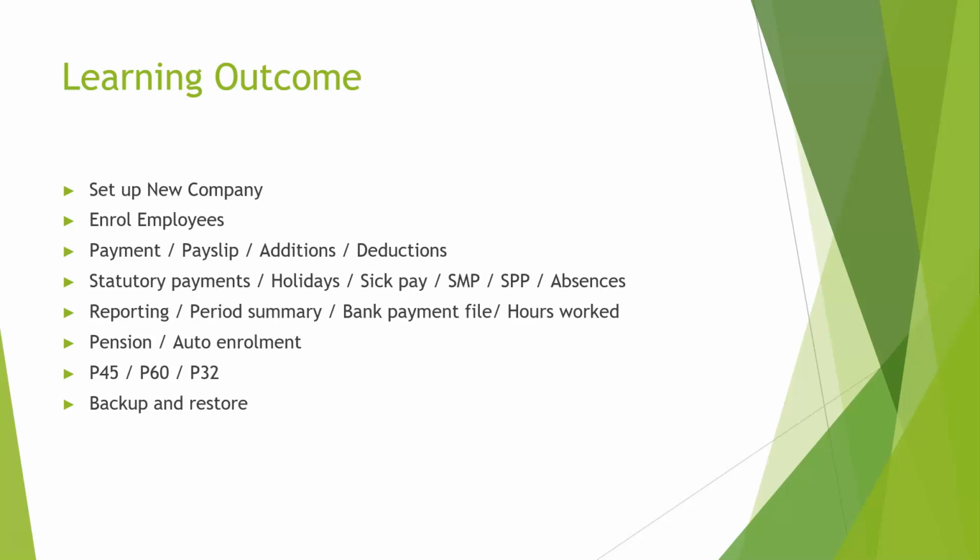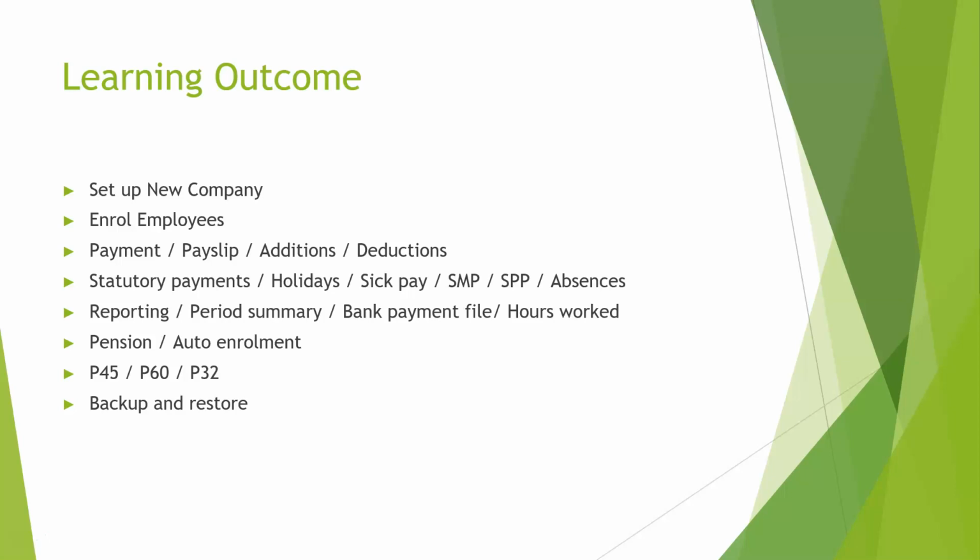If you want to reinstate it, or rewind it, you can always go back. You restore the previous backup, and you can always submit the RTI again. We're going to see how you can keep a backup on the computer, on a USB or on the cloud, how we can restore it, and also how we can rewind the payroll in order to change anything that we already finalized.